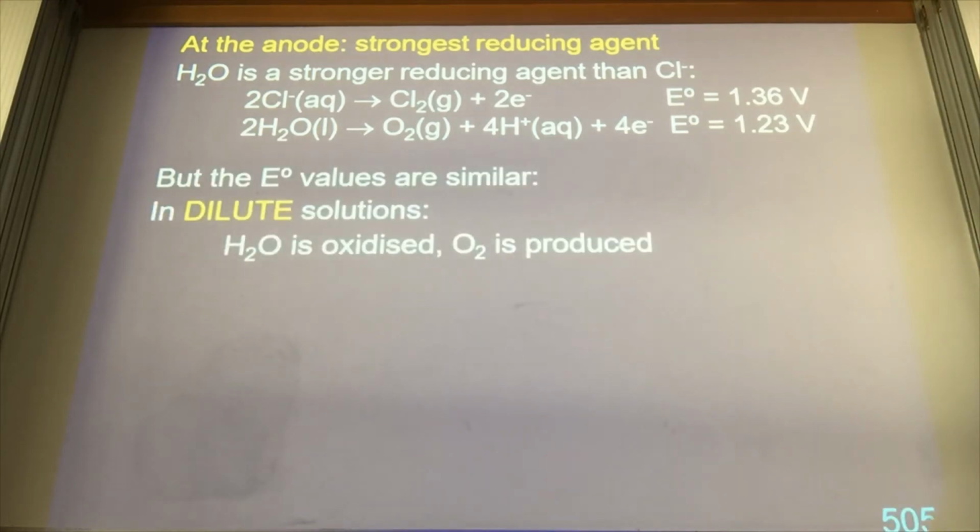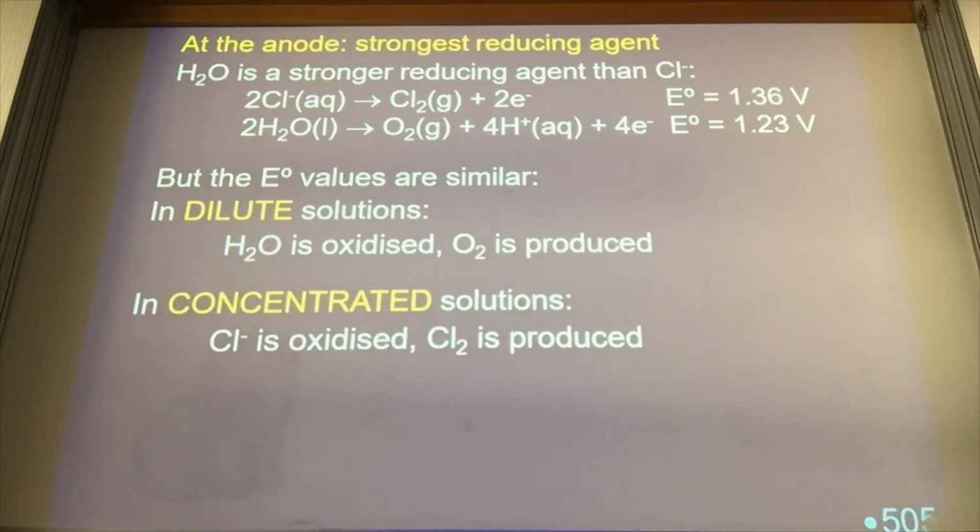However, they're reasonably similar E-nought values, and the voltages depend on the concentration, and in this case, which reaction occurs also depends on the concentration. So in dilute solutions, water is what gets oxidised. However, in concentrated solutions, the higher the concentration, the chlorine reaction begins to take over.